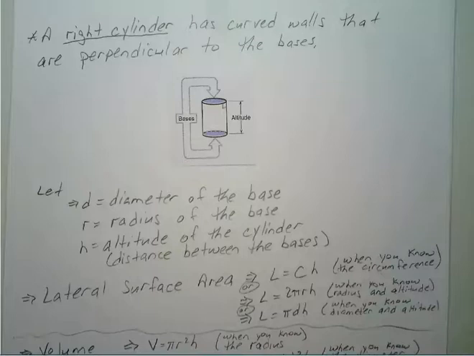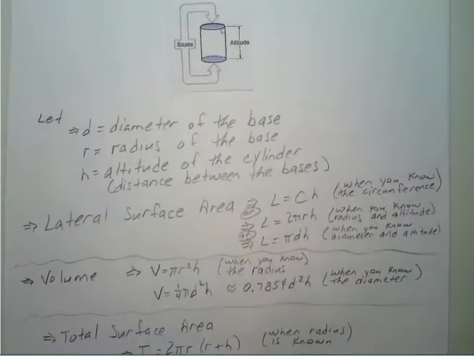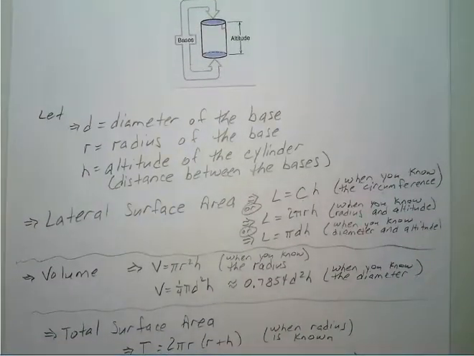Okay, so let's move this up a little bit. Now, to find the volume, once again, it depends on if they give you the radius or the diameter. If you know the radius, then your volume is going to equal pi times the radius squared times the height. If you know your diameter, then the volume is going to equal 1/4 times pi times the diameter squared times the altitude.